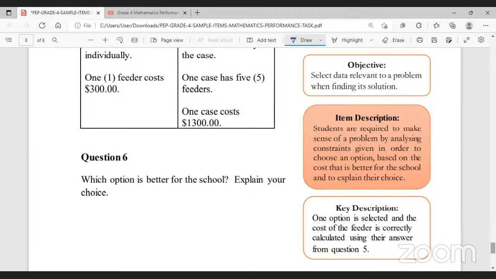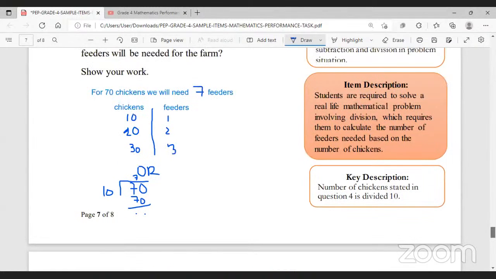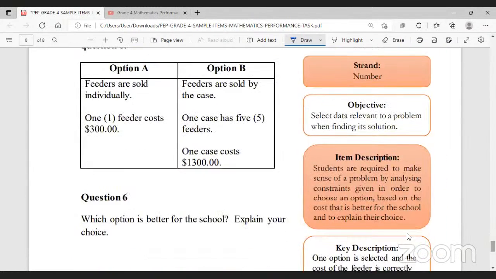So basically here, we're gonna have to select the feeder that is best. The cost of the feeder must be calculated correctly, but it also must use your answer from question 5, right?